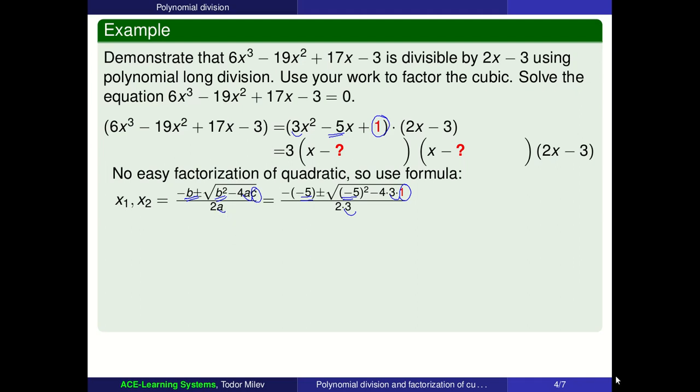So we got our roots. Let's see how that simplifies. Here we get negative negative 5, that is 5, plus or minus radical of 25 minus 4 times 3, which is 12, the whole thing over 6. So we get 5 plus or minus radical of 13 over 6.